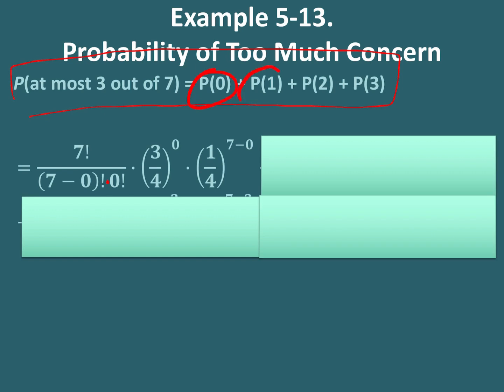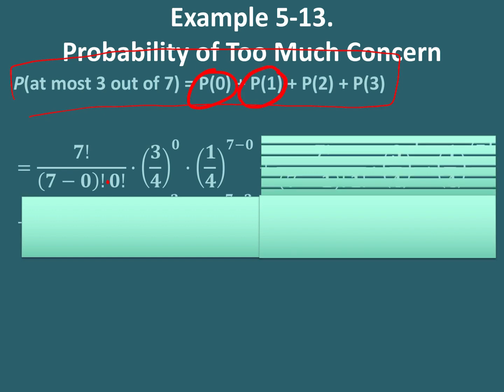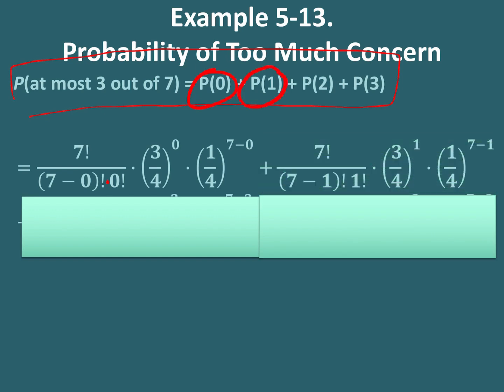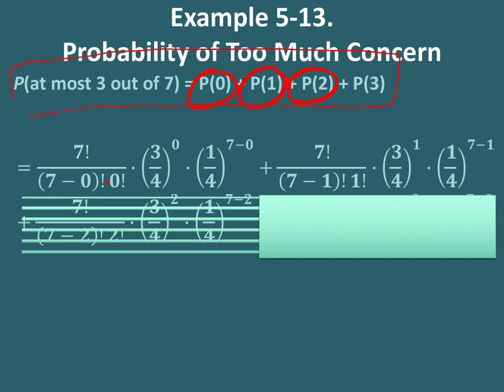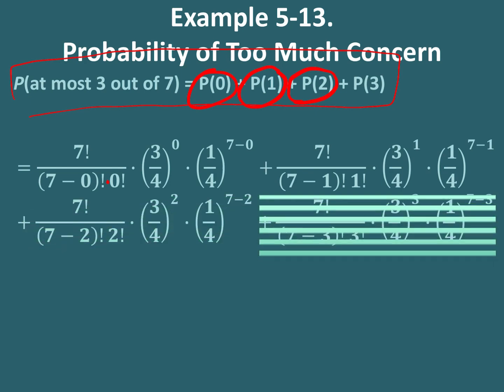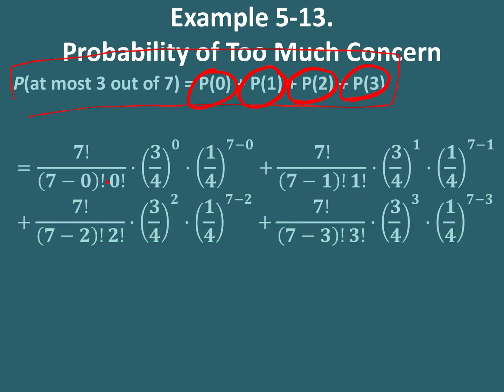Then we add that to the probability that 1 of the 7 agree with the statement. Notice here I'm simply replacing 0 with 1, but everything else remains the same. Now we go ahead and add that to the probability that 2 out of the 7 agree with the statement. And finally adding that to the probability that 3 agree with the statement out of the 7.